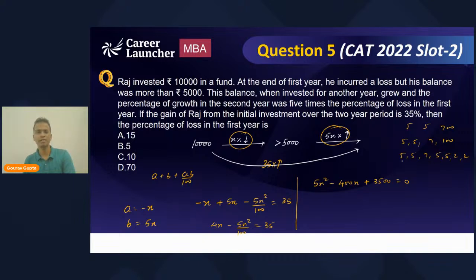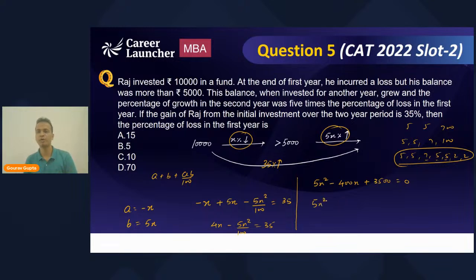Yes, split the middle term. The product should be 5 into 3500 and the sum should come out to be 400. So this is the factorized form. 5 into 5 into 2, 50, and 5, 70, 350. So 50 and 350 are the two parts.